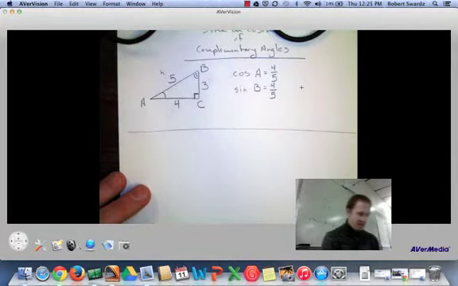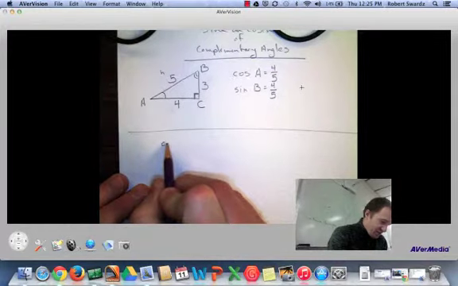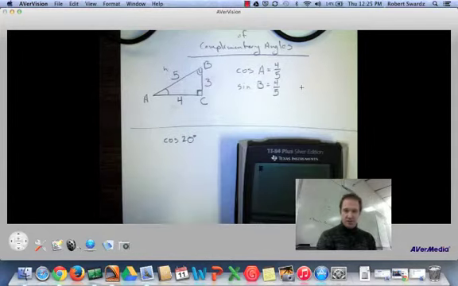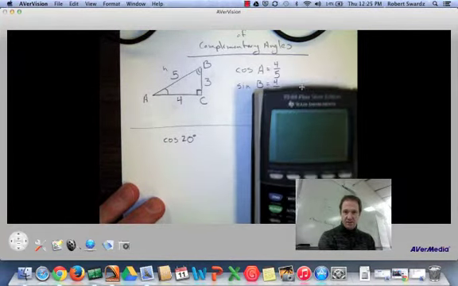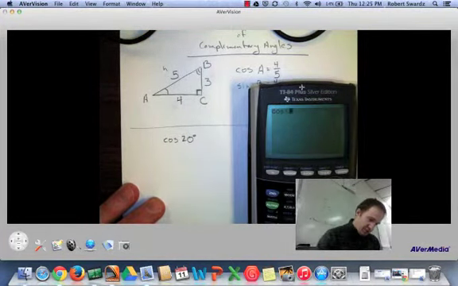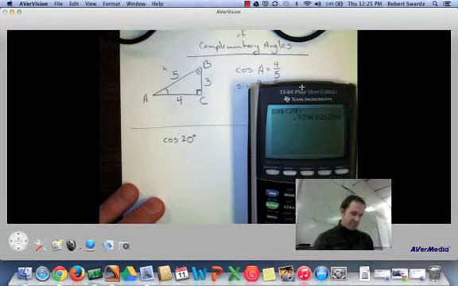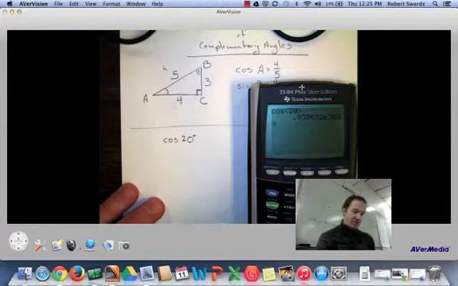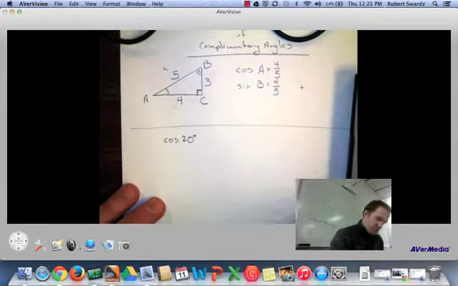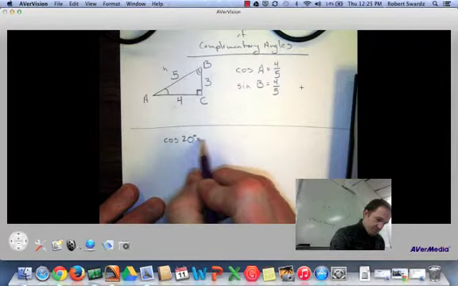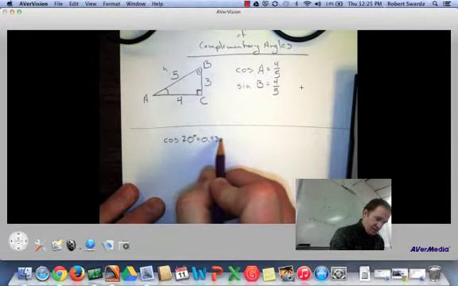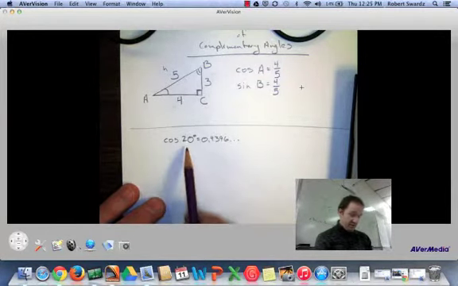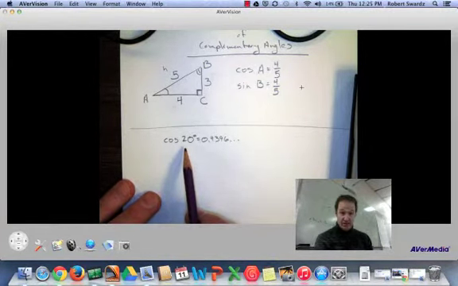Let's take any old angle. Let's say cosine of 20 degrees. And we'll use our handy calculator here. Cosine of 20. Am I in the right mode? Yep, good. We get 0.9396 and some more. Now, what angle is complementary with 20 degrees?